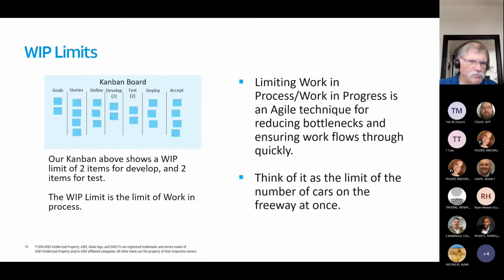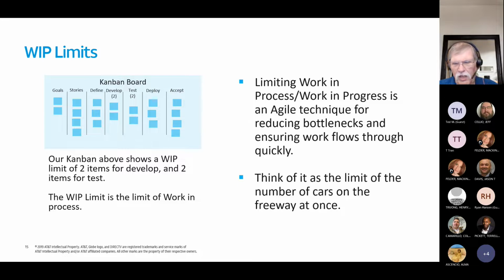WIP limits. Have we talked about WIP limits before? Yes. Okay. So you can have a WIP limit on any one of the columns. So you want to be able to optimize what your WIP limits are.